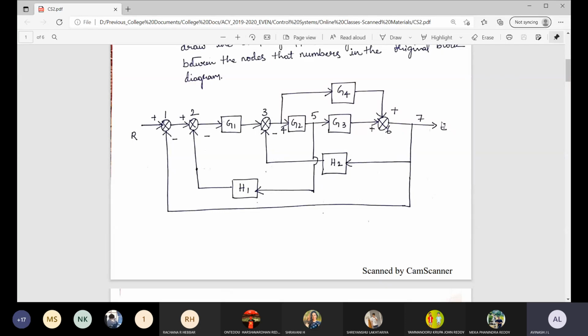That particular thing should be there on the straight line or forward path. So I have written once again and I have given the numbering.